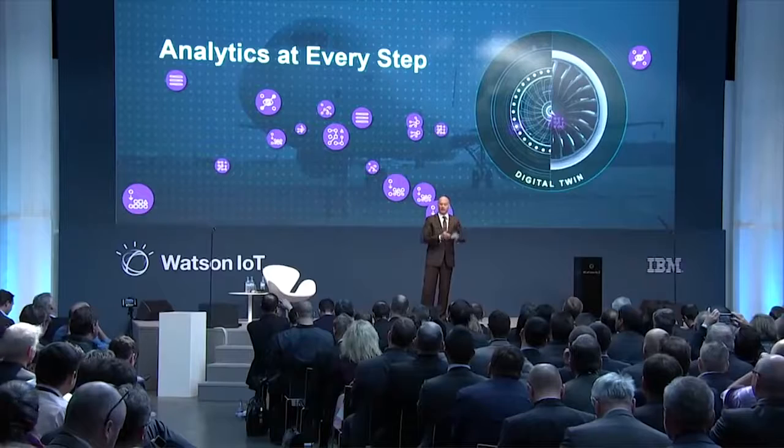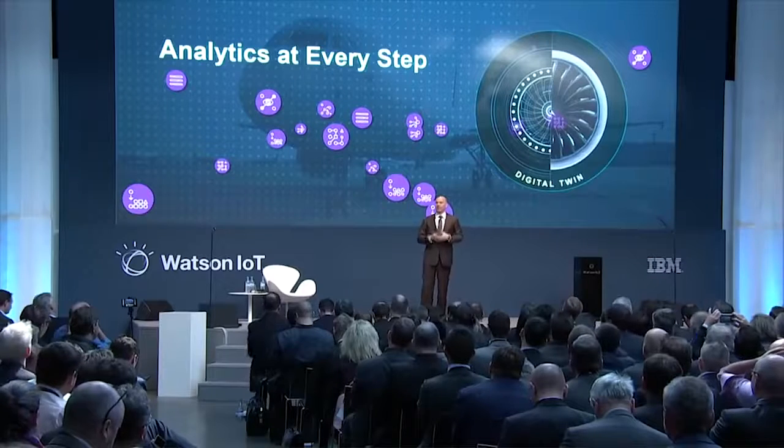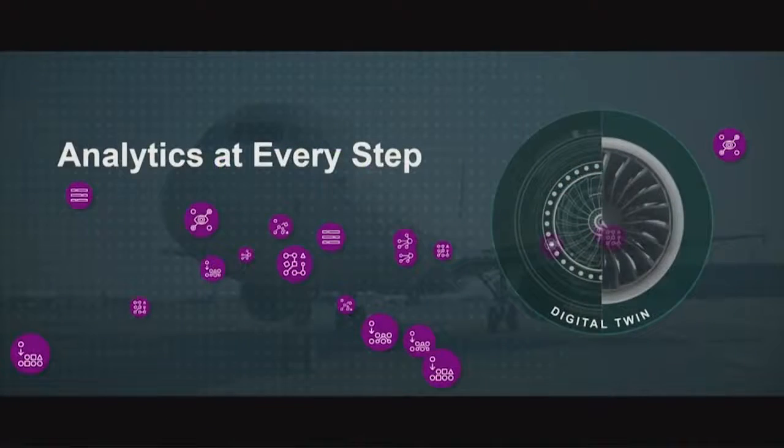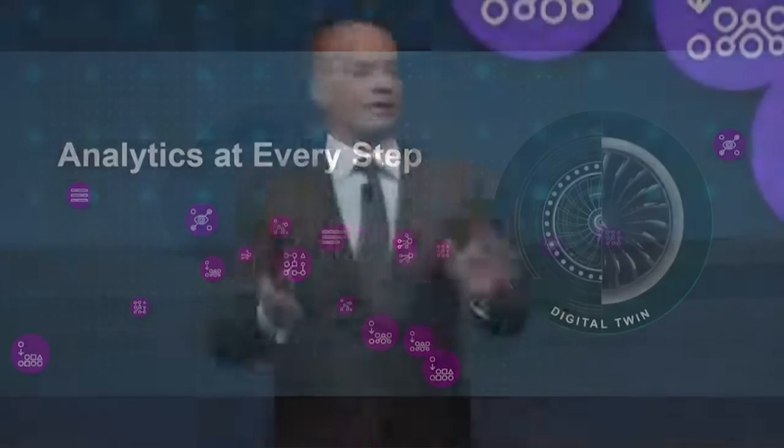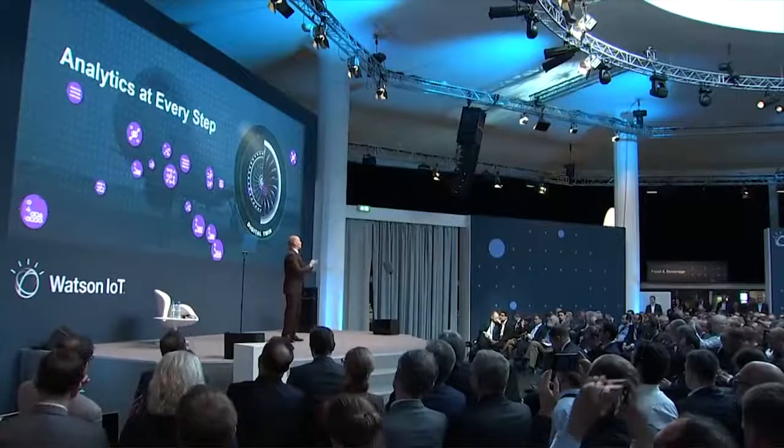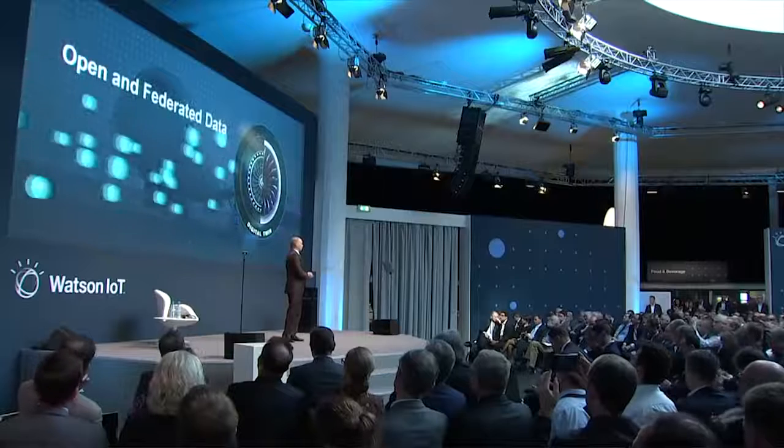First, you have to apply analytics at every step. The amount of information that we're dealing with to apply digital twin to a small device or to a complex device such as an automobile or an aircraft is staggering. Analytics has to be both real-time, it has to be operational, it has to be quality, it has to be predictive-oriented in its nature. The data that comes from a digital twin needs to be open.